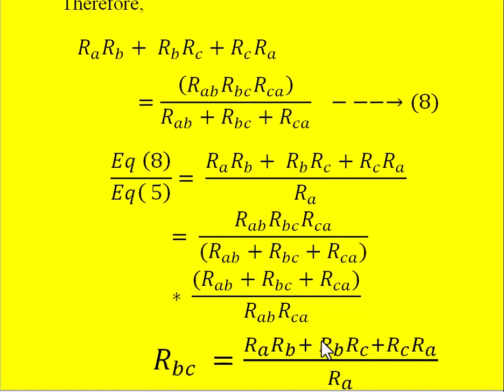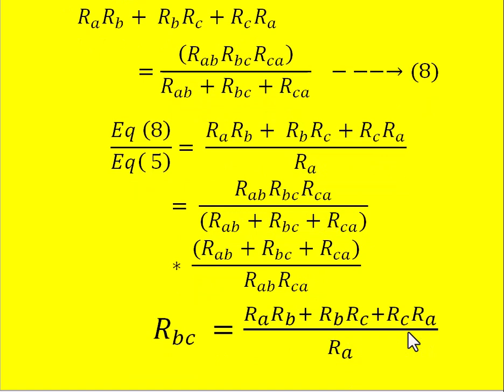So from this, after simplification, we get RBC is equal to... so here on the right hand side terms, this denominator and this numerator going to get cancelled, and similarly that RAB RCA, this denominator RAB RCA going to get cancelled.